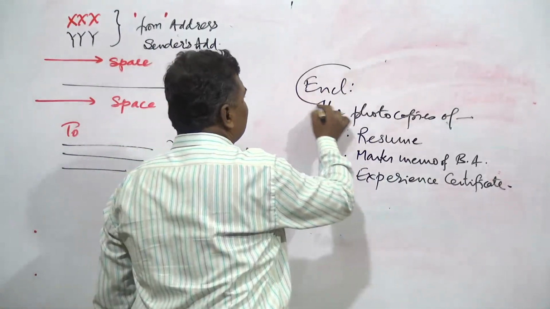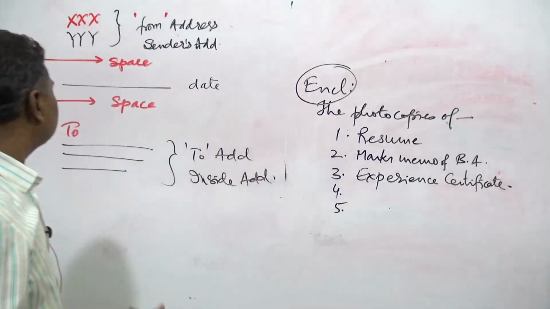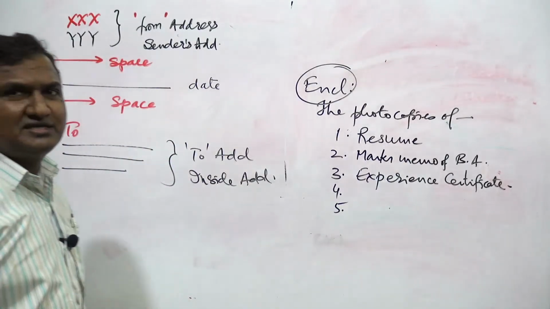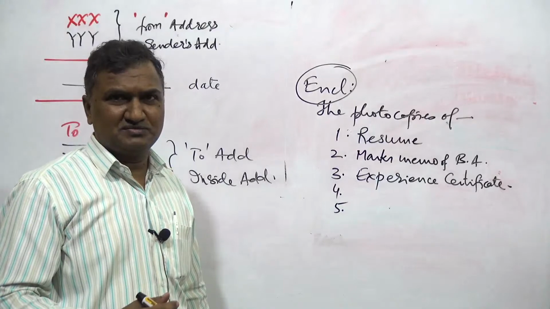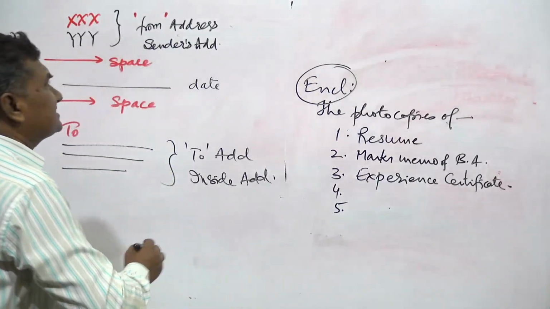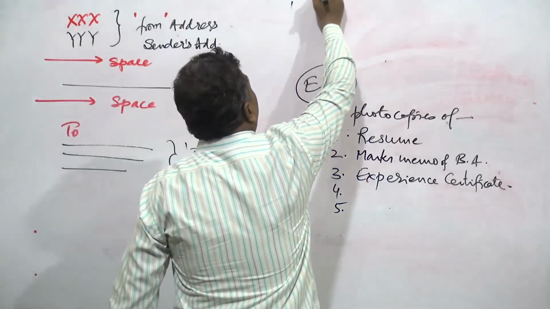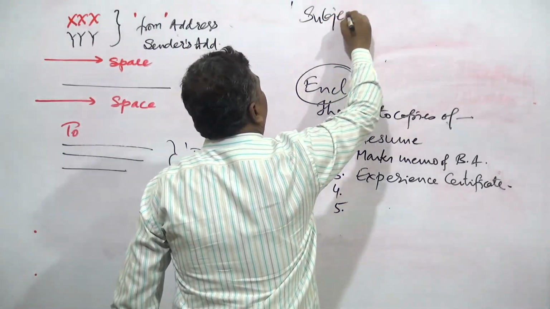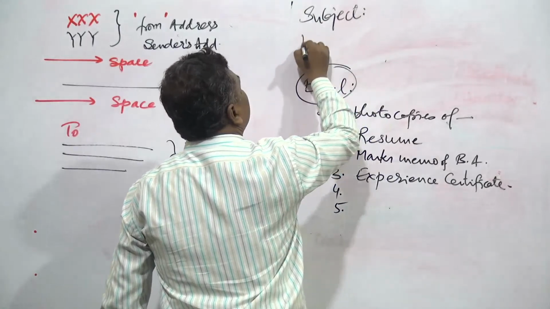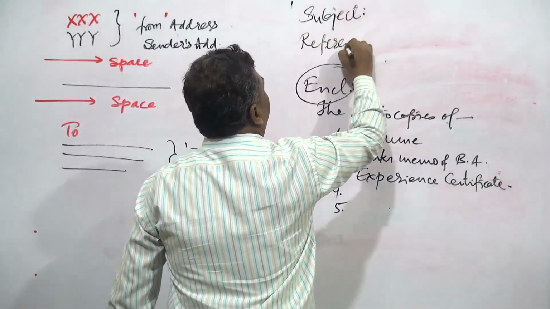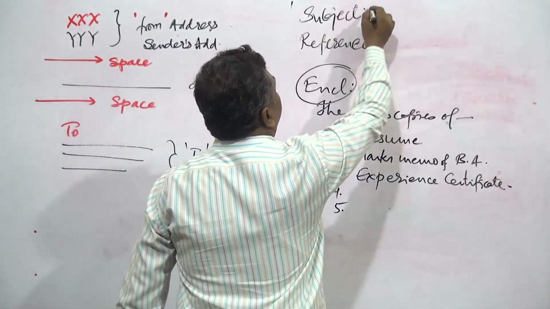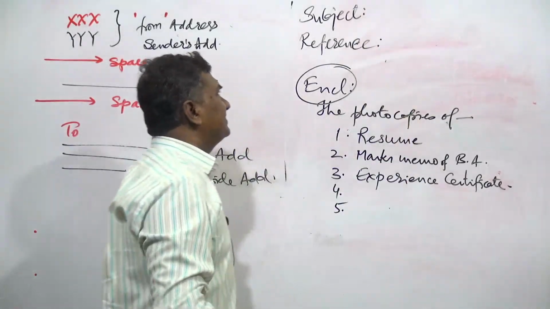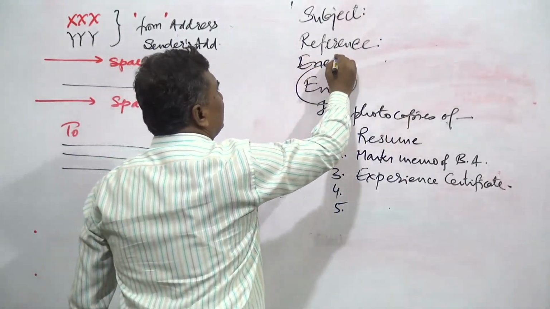This part of enclosure can come at the end, as well as in some cases it is written after subject and reference. That is, after dear sir, you write subject, and then you write reference, and here some people write enclosures.